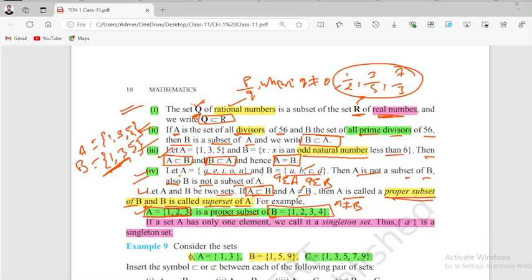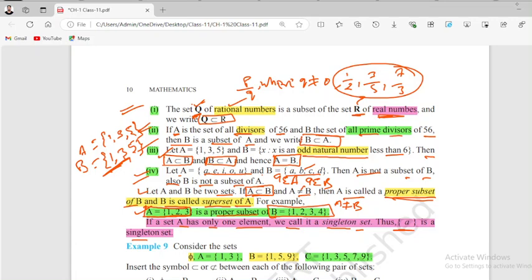If a set has only one element, we call it a singleton set.